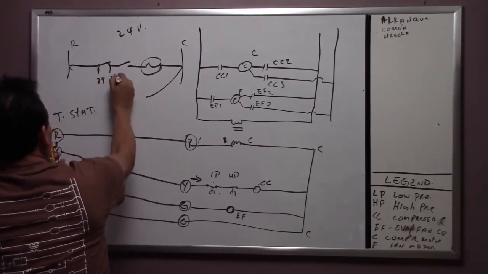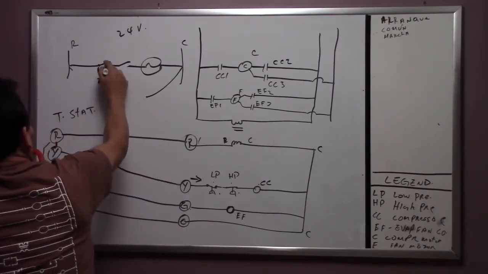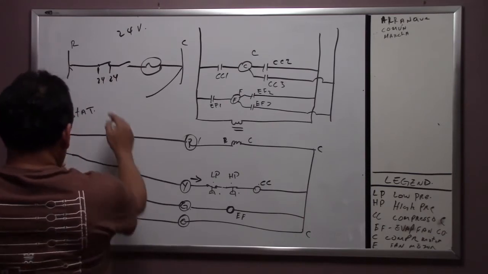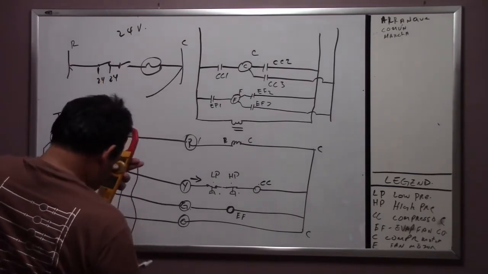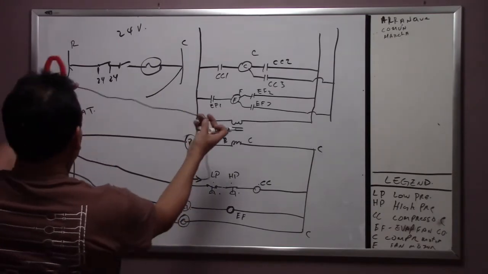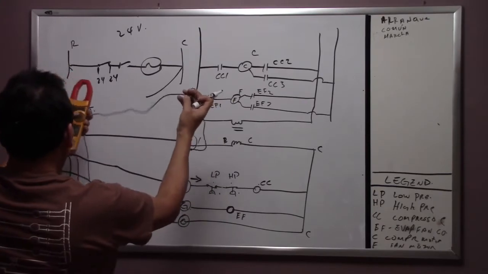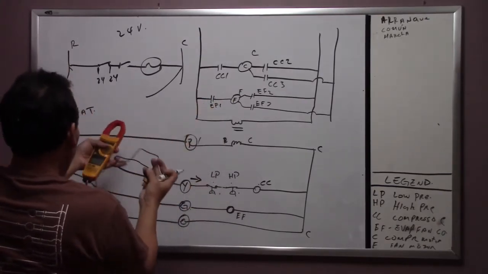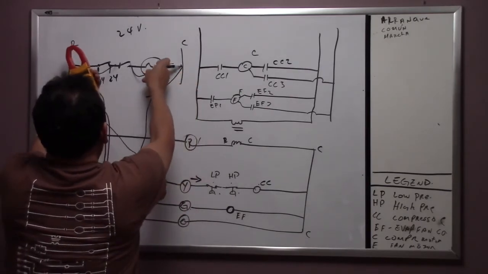From here you're going to get 24 volts, because we're checking one side of the low pressure switch, or it could be a light switch, we're going to get 24 volts. Now this side is going to be the other side, which will be just a wire, right? From here to here, we're going to get 24 volts also. From here to here. So this switch will be like this.